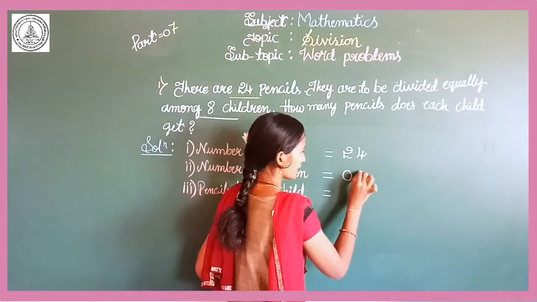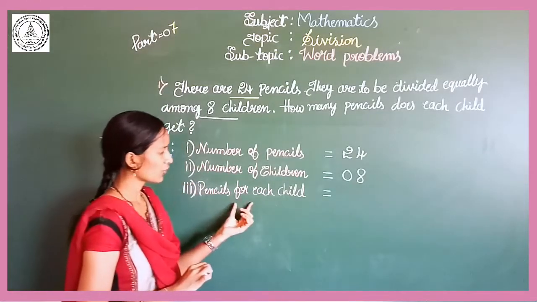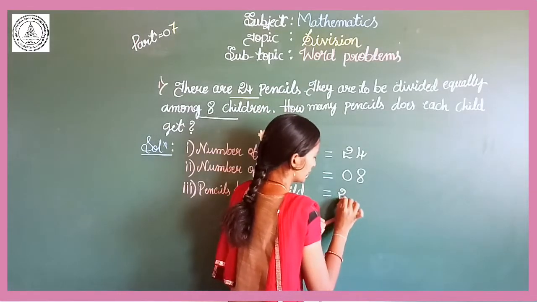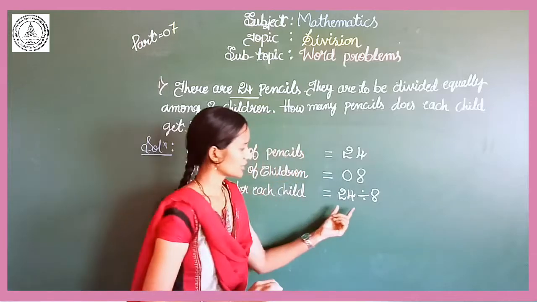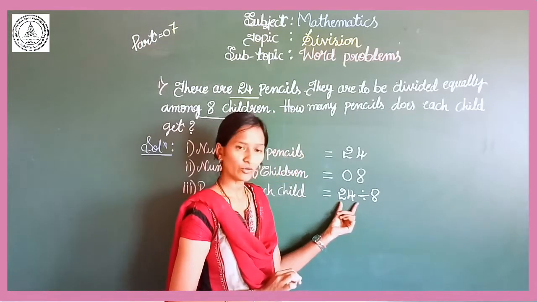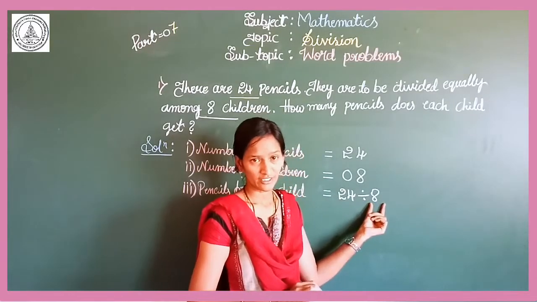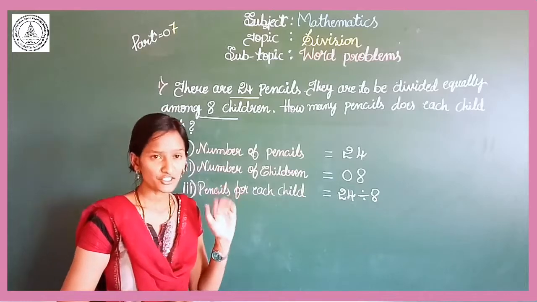So write down here 8. Next, you have to find out the pencils for each child. So you have to divide these two numbers. Here you have to divide the number 24 equally among 8 children. Then only you will get the number of pencils for each child.